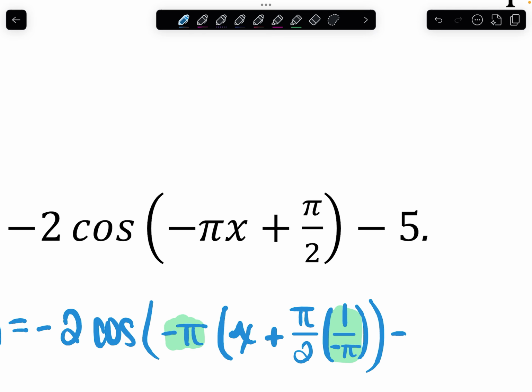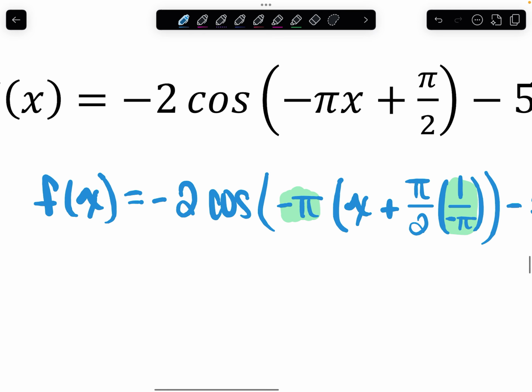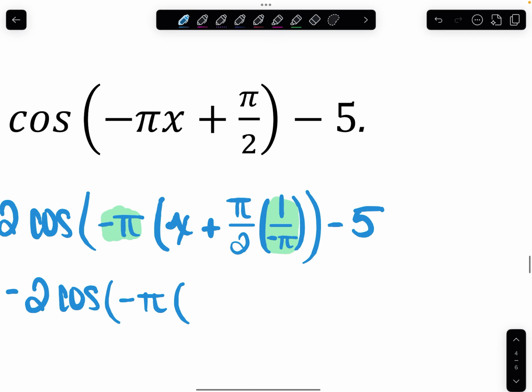You've got to get it factored off correctly. So we've got -2 cosine of negative pi x. Negative times positive is negative, the pi's divide out, and we get 1/2.